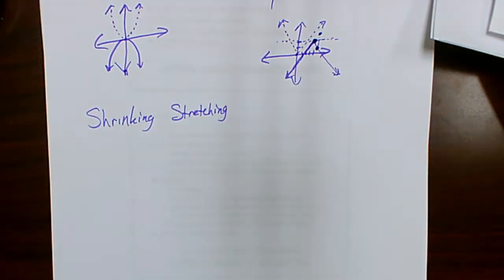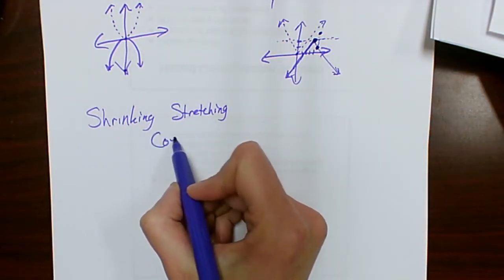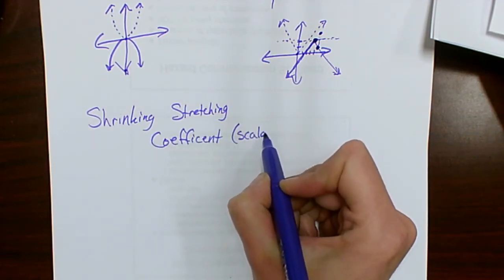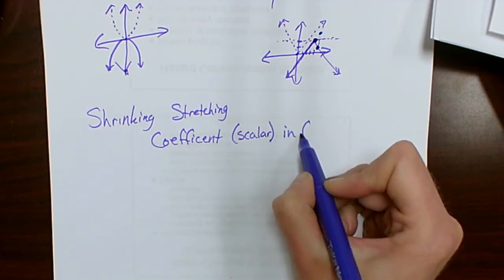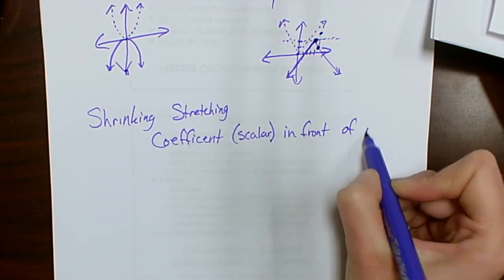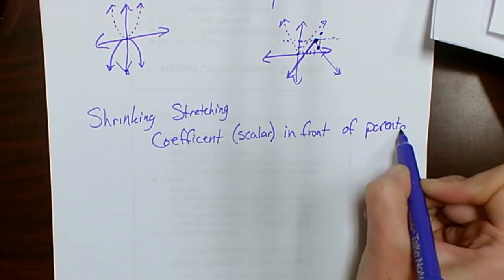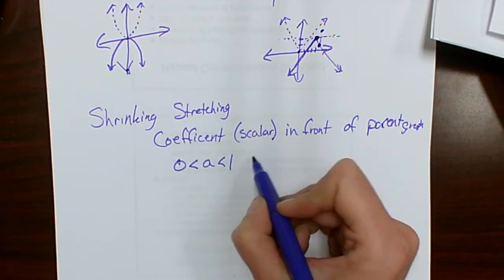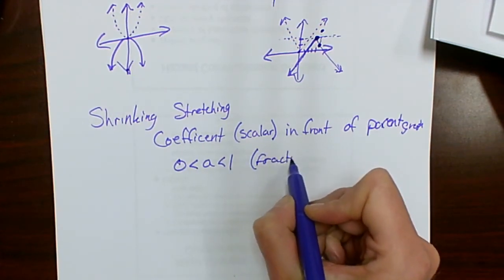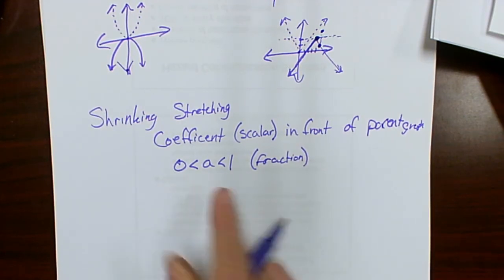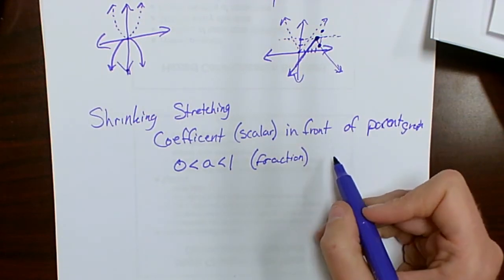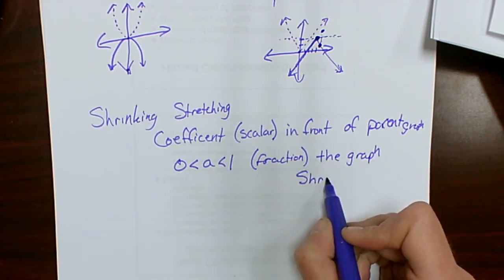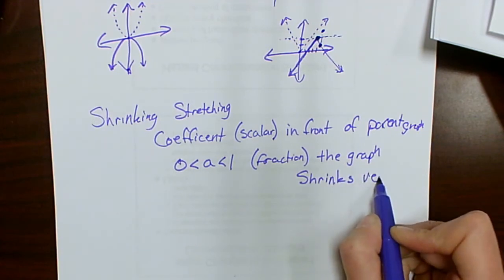Shrinking and stretching. Okay, so this is when there is a coefficient, or we call that a scalar, in front of the parent graph. If the scalar is a fraction, and the fraction is in between 0 and 1, the graph shrinks vertically.